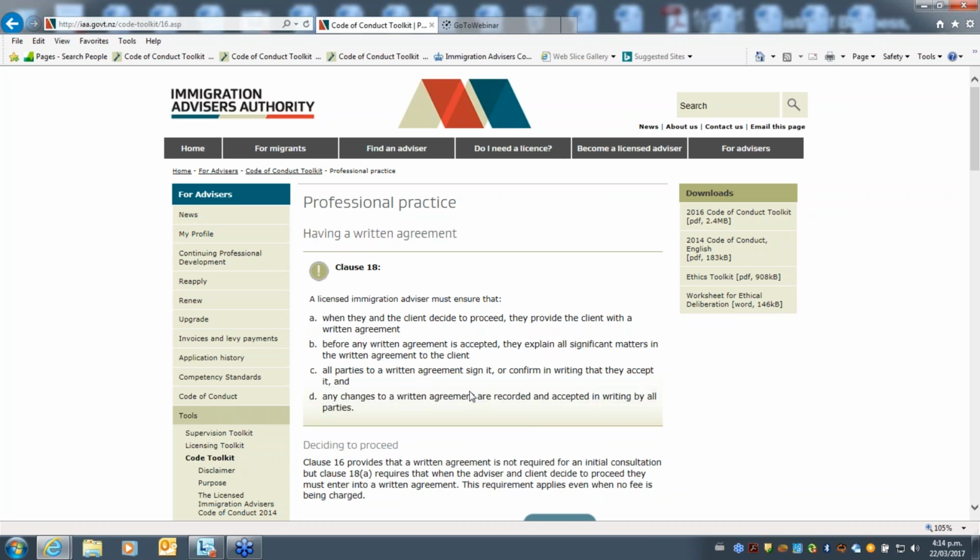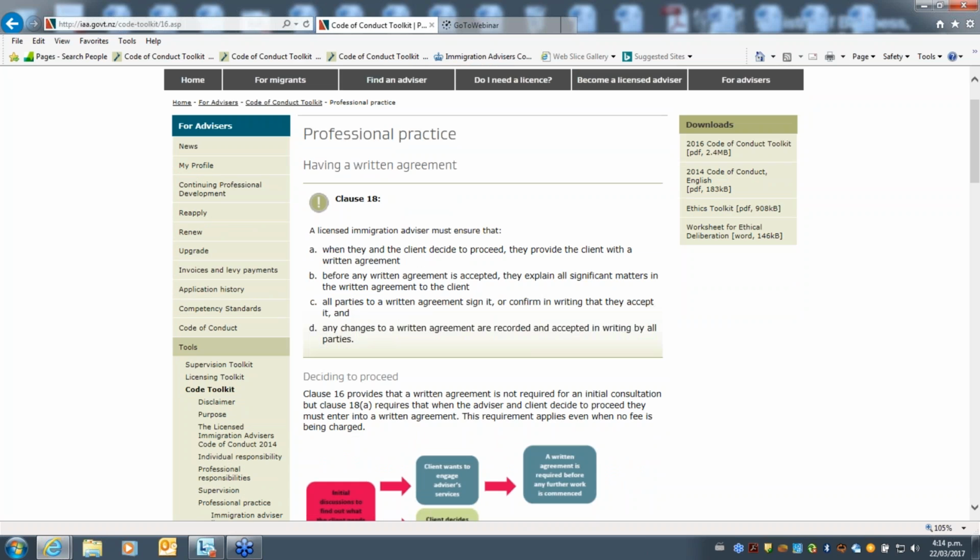And if any aspect of that written agreement changes, you need to get agreement in writing, and again this can be done by email, but needs to be in writing, that any changes are recorded and agreed and accepted in writing.